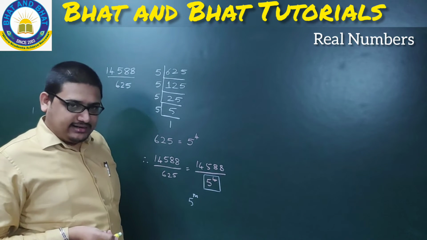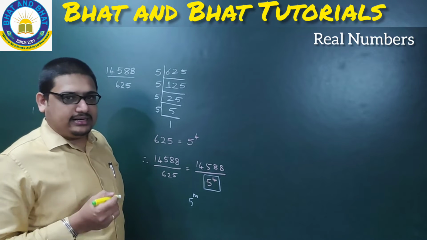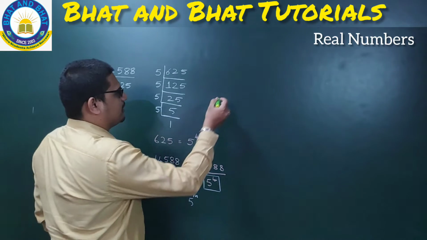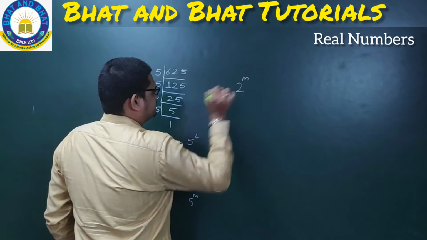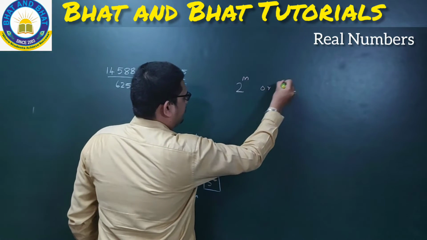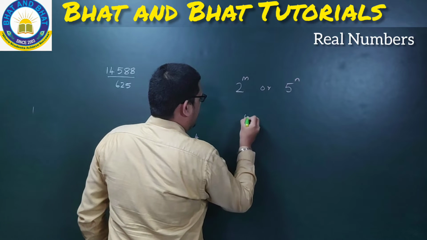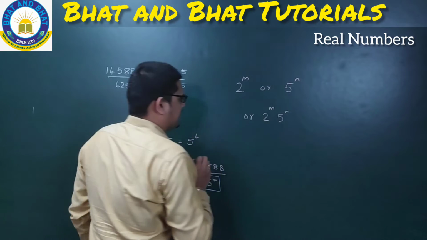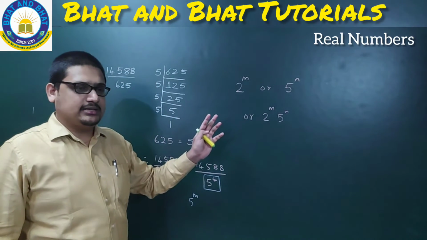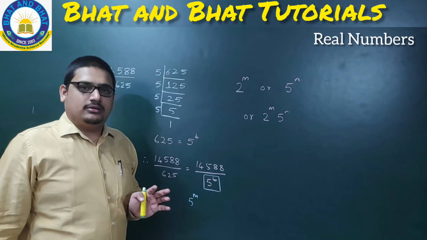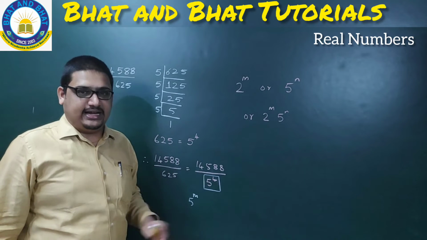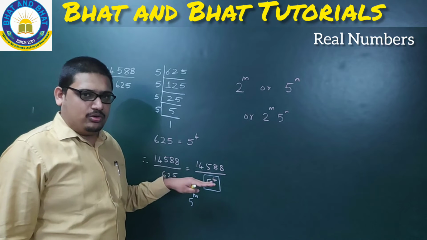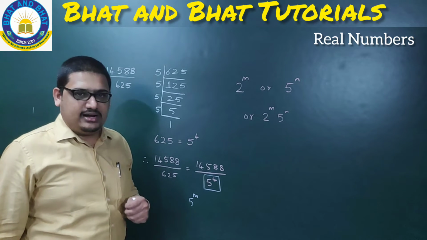The theorem said that if the expression of q is in the form of 2 power m or 5 power n or both, that is 2 power m into 5 power n, then the given fraction is terminating.